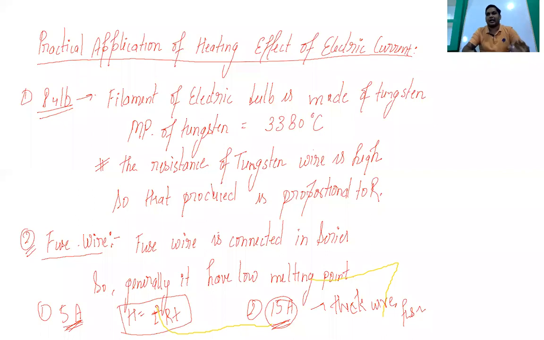At our home, when we make a fuse, we use a thin wire when drawing 5 ampere current. When it is about 15 ampere, that is a power circuit, when AC is connected or electric appliances like a fridge or heater are connected, the fuse will be made of thick wire.